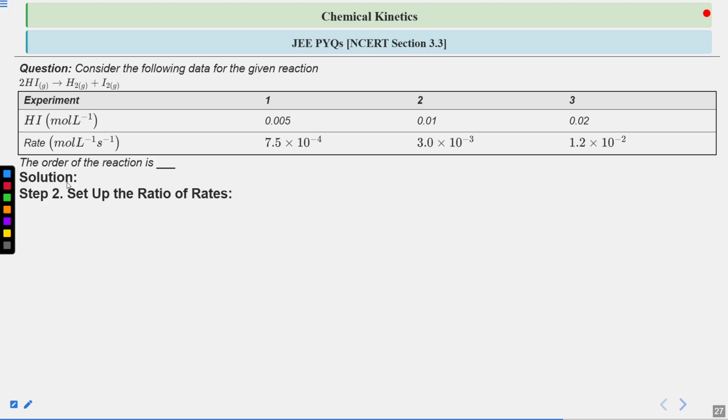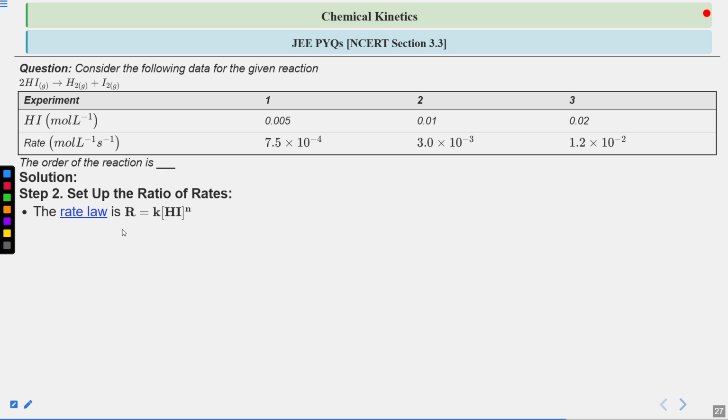Now we follow the second step, that is, set up the ratio of rates. We know the rates, right? We use the rate law, which is given by rate equals rate constant multiplied by the concentration of the reactant to the power something. That something is the order, representing the reaction order, denoted by n.